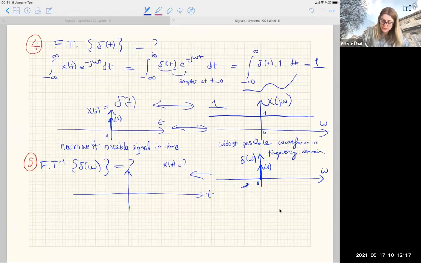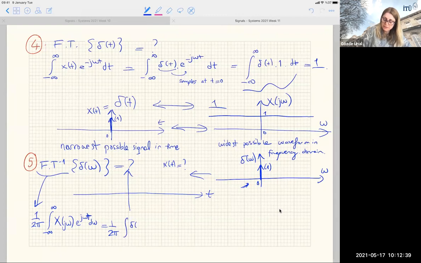Now let's do the math here. Let's apply the Fourier transform inverse, 1 over 2 pi. It's really x of t. Sorry, x of j omega, of course. I'm starting from the Fourier transform. Right, this is what I need. I have 1 over 2 pi delta omega. It's doing the same thing as we did in the time domain, right?